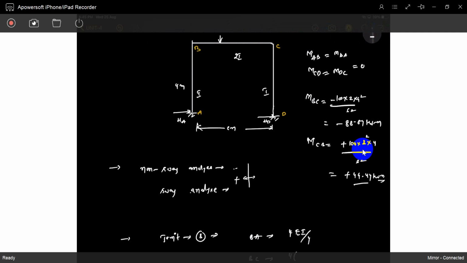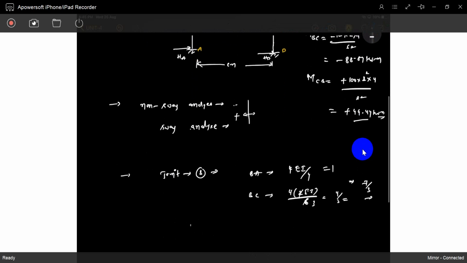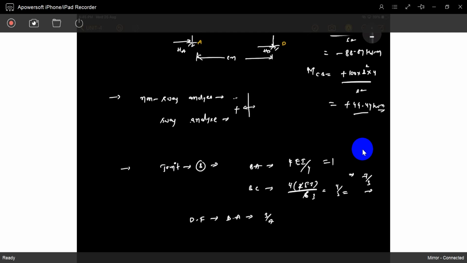BC has 2I with length 6, so it is 4 by 3, and BA is 1, so the total is 7 by 3. So the distribution factor for BA is 3 by 7 and BC is 4 by 7, which sum to 1.